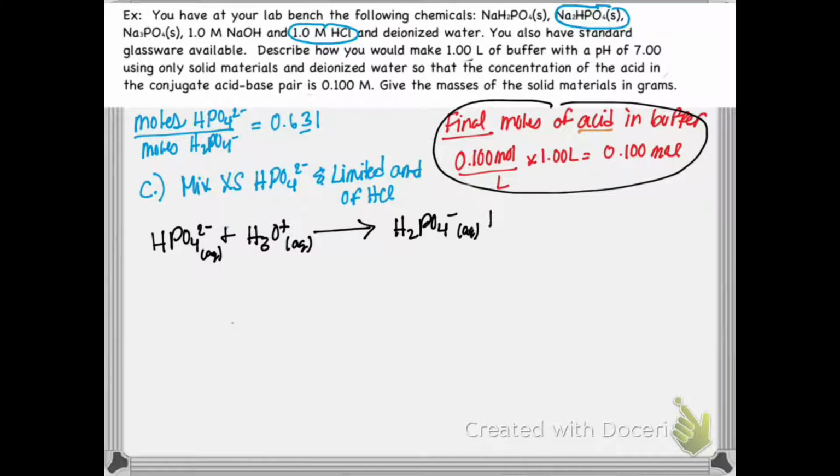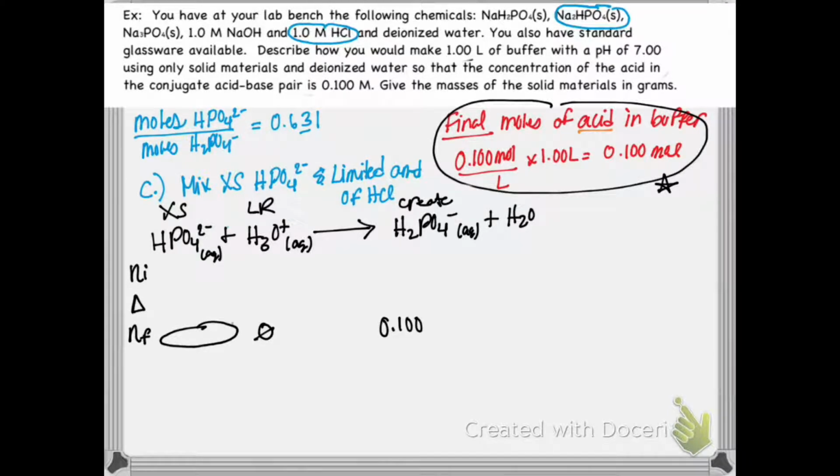Again, we're going to do a mole table where we'll fill in what we know. We're going to have excess of our base, a limited amount of H3O+, and we're going to create the acid. So our initial moles, change, and final. Again, we know our final moles of acid in the buffer, so that's our 0.100 moles of H2PO4- that'll fill in the table. And we want 0 of our hydronium.